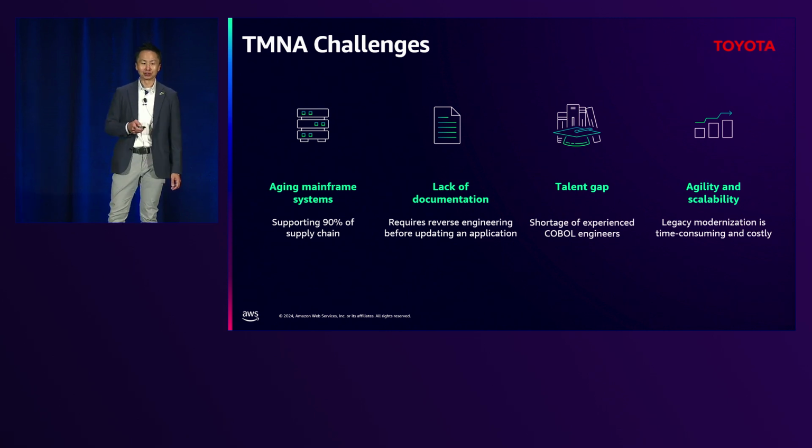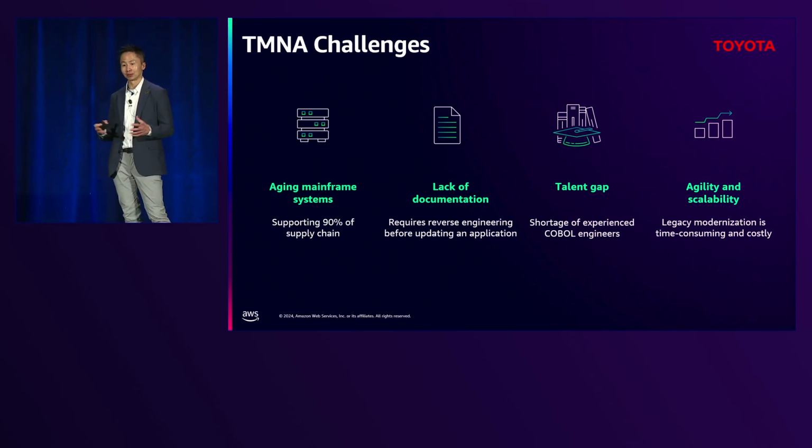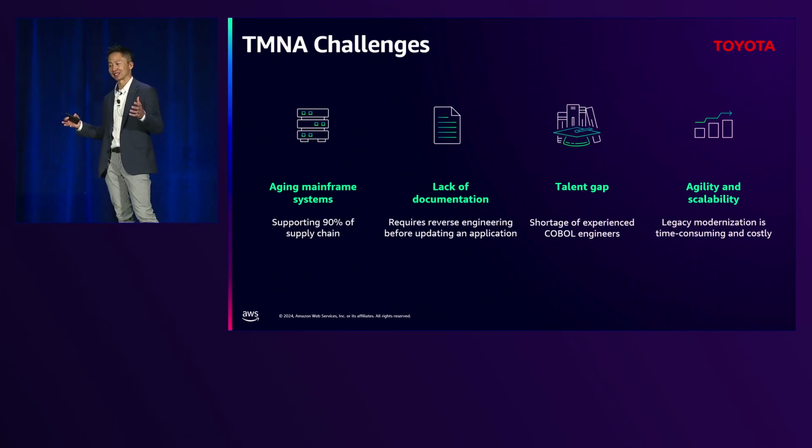And last but not least, agility and scalability. The really important thing about the agility and scalability is that some of these changes would actually take a very long time. Our systems actually run on very basic sets of batch jobs for our supply chain. So what we really wanted to do was transform that, use some of these technologies to transform that.